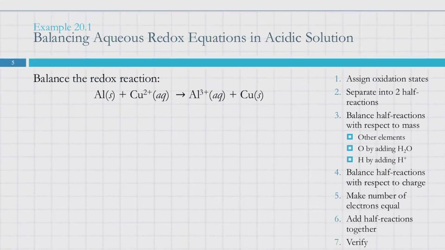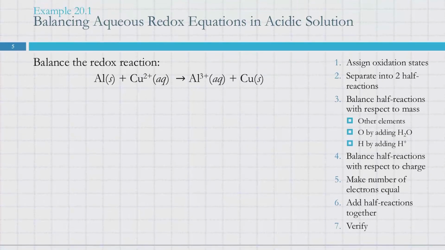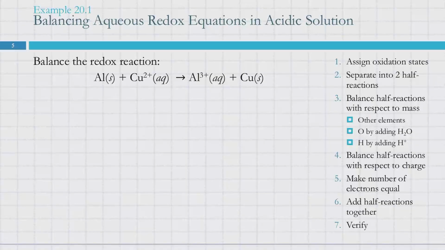All right, so we've got all of our rules, kind of the shorthand, over on the right side. And we're looking at the most basic redox reaction. Okay, so our first step, we need to assign our oxidation states. For neutral, naturally occurring forms of elements, they get a charge of 0.